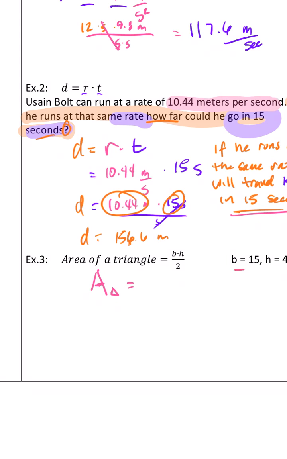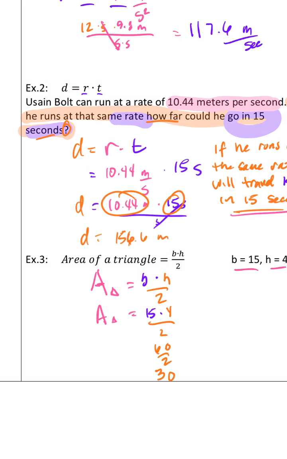But now they gave us the base and the height. So all we have to do is say, well, the area of the triangle equals, and we already said it was going to be the base times the height divided by 2. And that means we're going to plug in 15, and the height is 4, times 4 divided by 2, which is going to be 60 divided by 2, which means it's going to be 30.